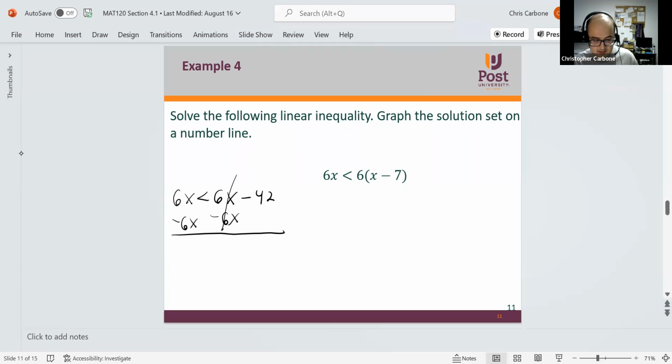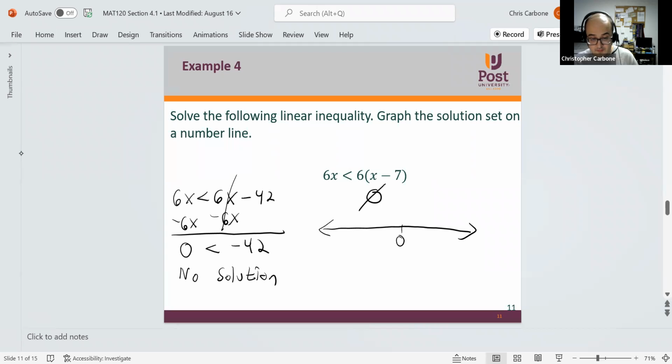We are left with 0 is less than negative 42. But 0 is not less than negative 42. It's greater than it. So this is one of those no solutions. So we would express this as a circle with that line through it for that no solution. And graphing it in a number line would just be a blank graph, since there's no solution.